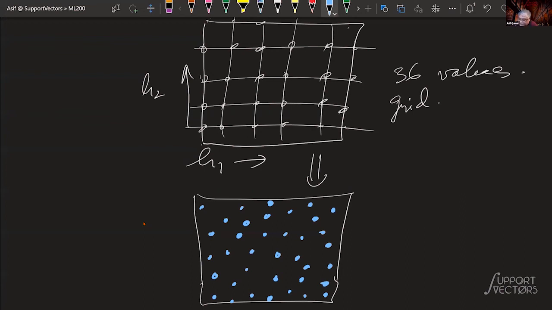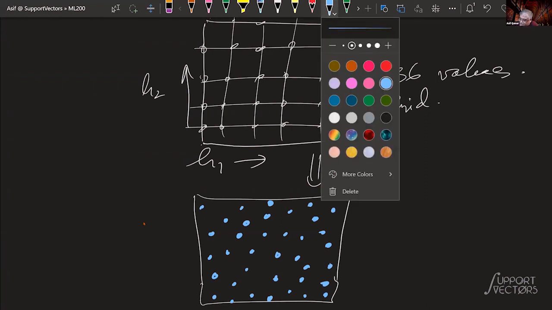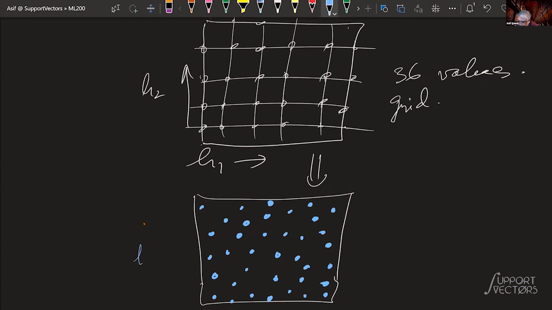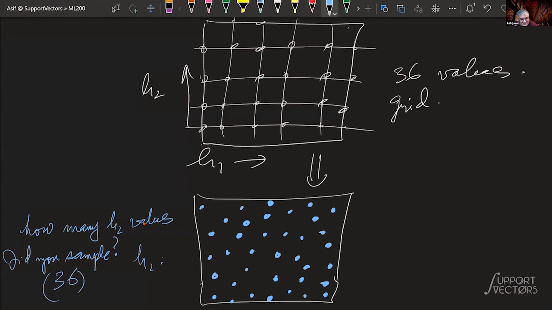These two plots? If you do randomized search and you ask how many H2 values did you sample? How many H2 values did you sample? You will realize that you sampled 36 values.